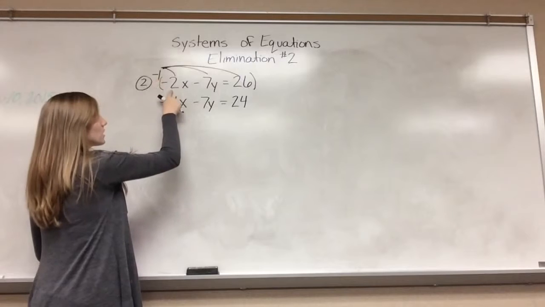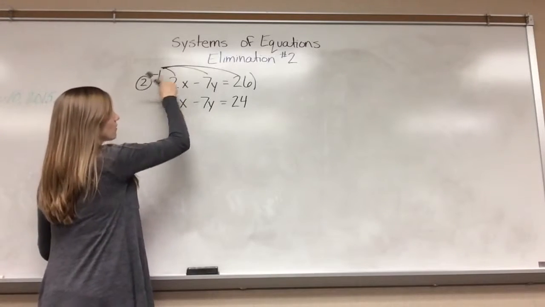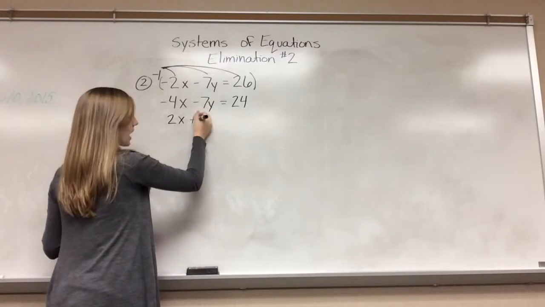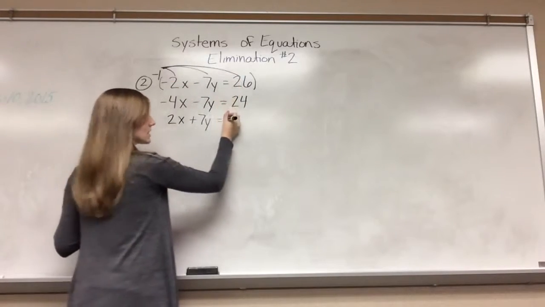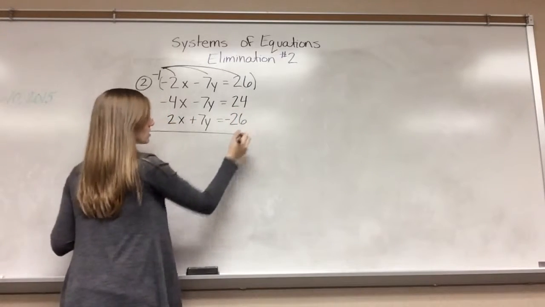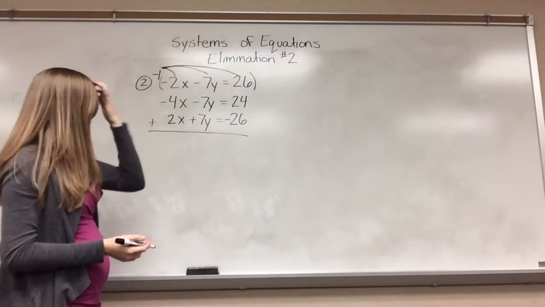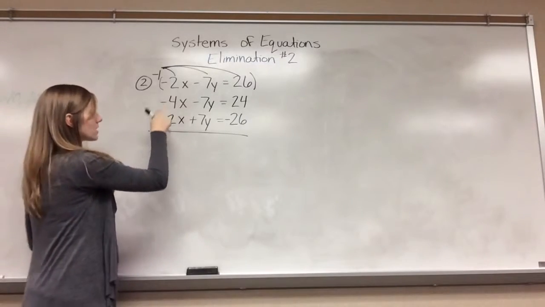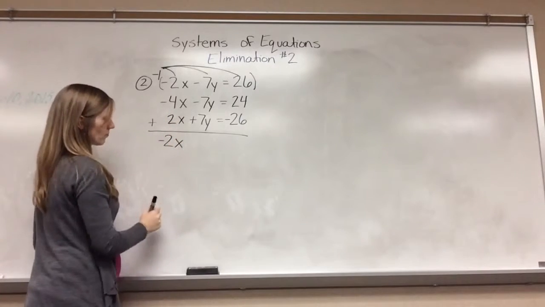So negative 1 times negative 2x is positive 2x. Negative 1 times negative 7y is positive 7y. And negative 1 times 26 is negative 26. Now I can add the two equations together and one of the letters will be eliminated. So if I add these, negative 4x plus 2x is negative 2x.